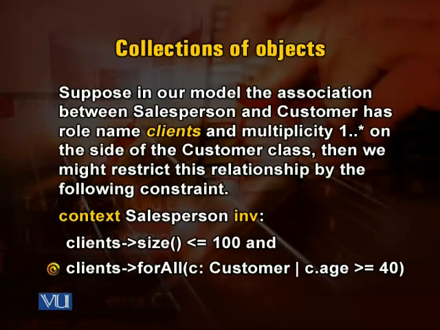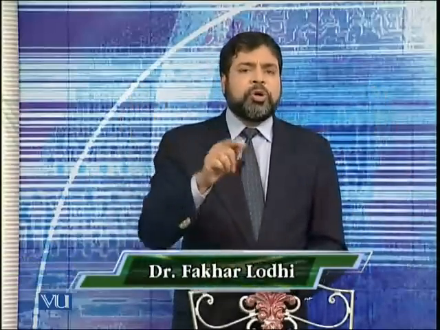Now here once again see what we have done. हमने अब एसोसिएशन पे we said कि it is one or more, लेकिन कितना? So we are saying it cannot be more than 100. So जो स्टार जो है, जो many की है, so we are restricting that, and we may want to add another constraint, and we are adding that constraint here, and we say for all the instances here the age is going to be greater than equal to 40.